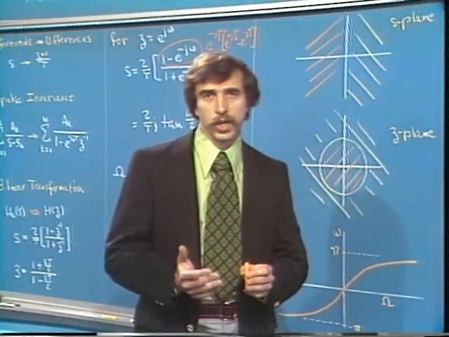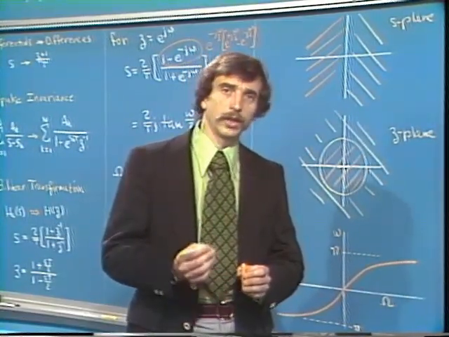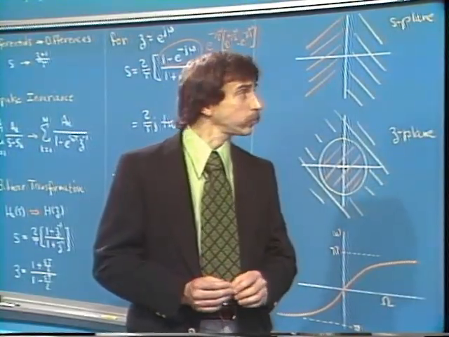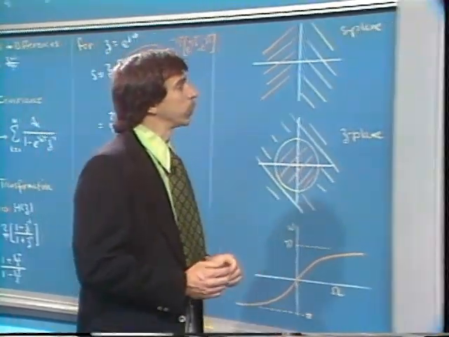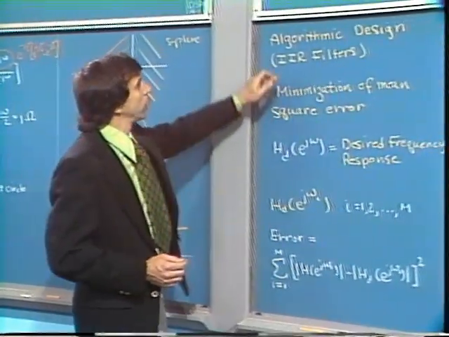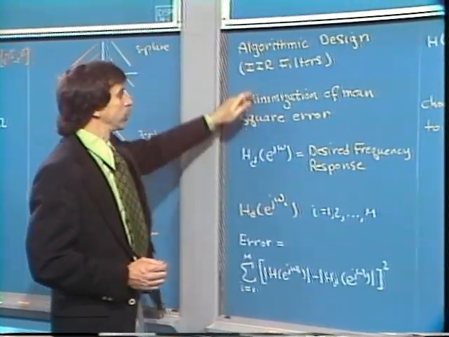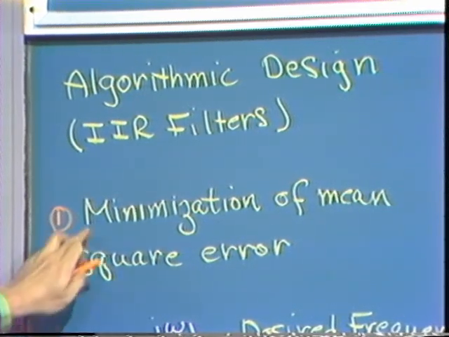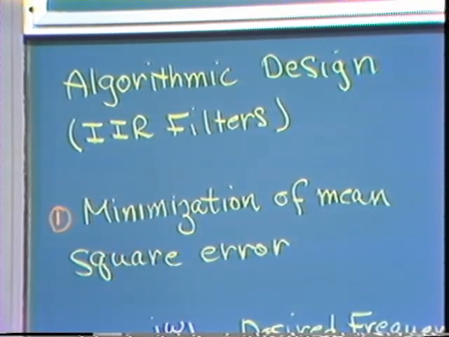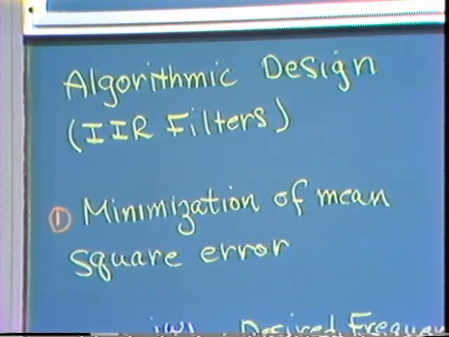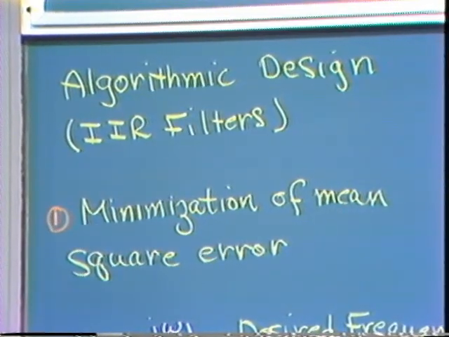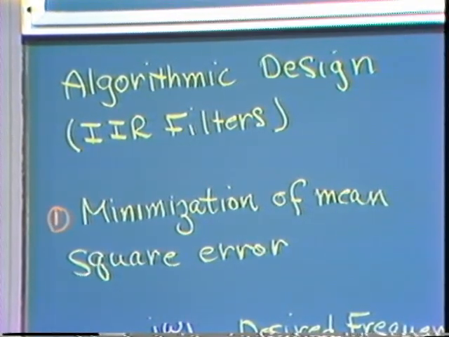When we talk about the design of finite impulse response filters, there are some additional algorithmic design procedures that we'll point to. The first algorithmic design procedure, which I'm restricting in my discussion here to the design of infinite impulse response filters, is simply designing the filter to minimize the mean square error between the desired frequency response and the actual frequency response.